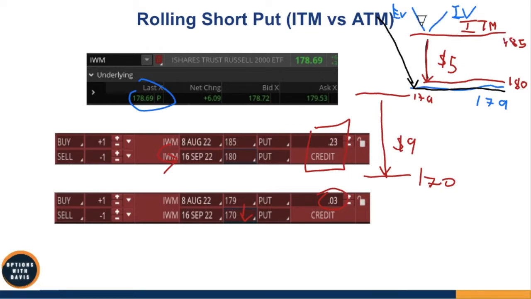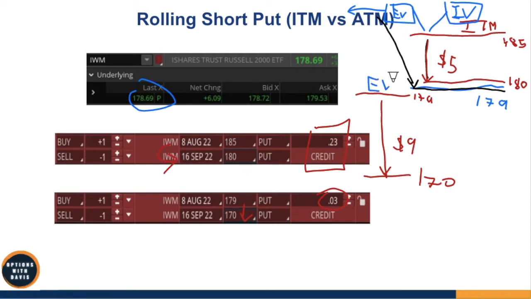So the reason you cannot roll much to a lower strike price compared to the at the money roll is because most of the value of this in the money put is intrinsic value. That means you have very little extrinsic value, so there's not much you can transfer to the following expiration month, whereas for the at the money it is 100% extrinsic value.